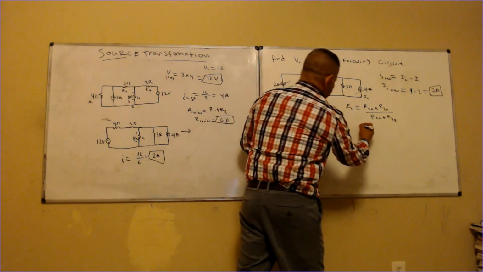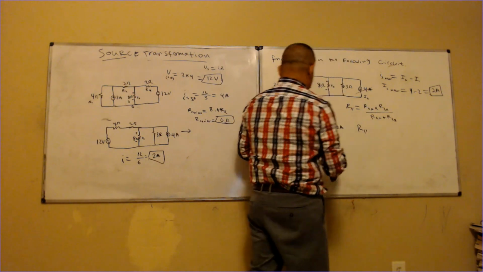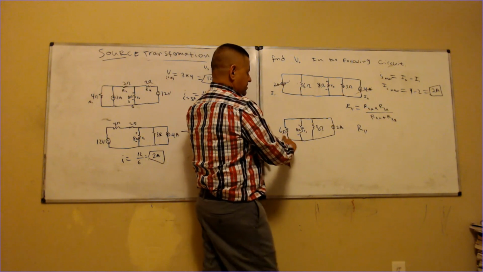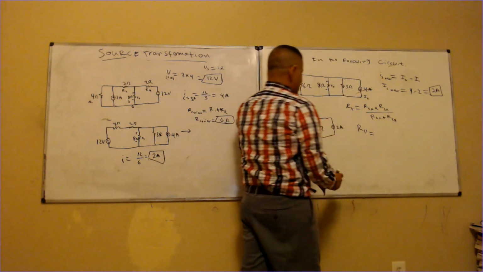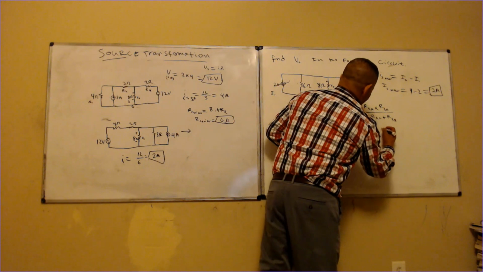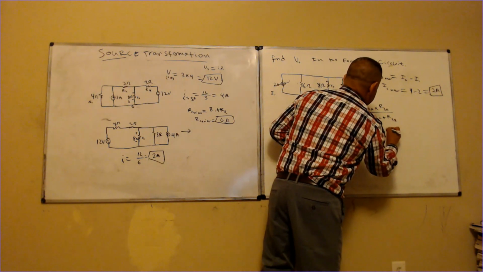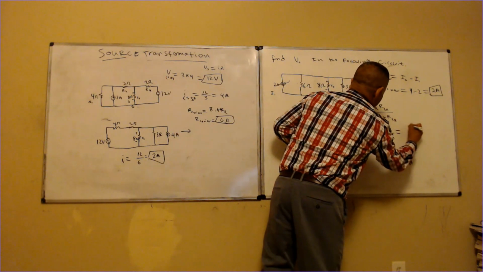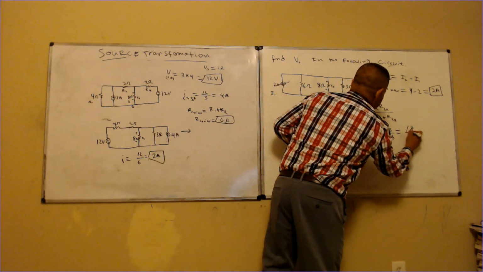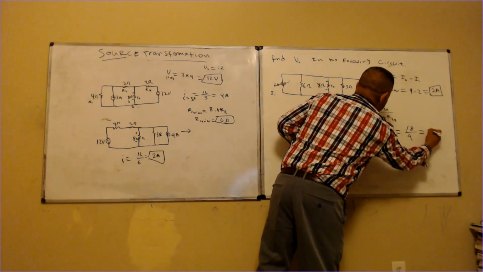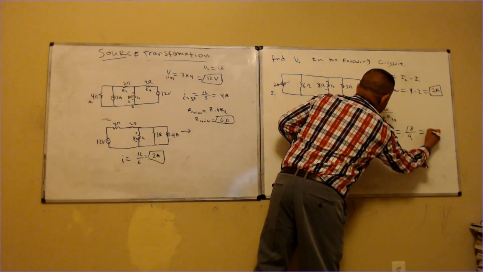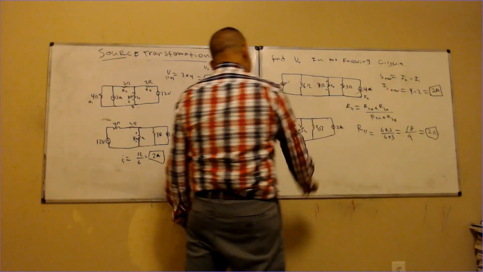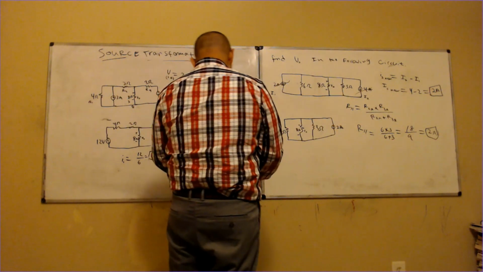When I do that, I get that R parallel, these two right here, is going to be equal to 6 times 3 over 6 plus 3, which is 18 over 9, which is equal to 2 ohms, right? So now that is the new resistance, right?